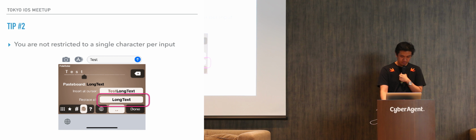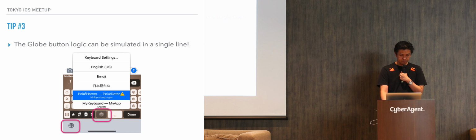So the next tip: you are not restricted to a single character input. You can actually put words with one button tap. And if you've been using a keyboard, I'm sure you're using a Japanese keyboard sometimes. You use the globe icon to change the keyboards. You can have similar functionality using just a single line.